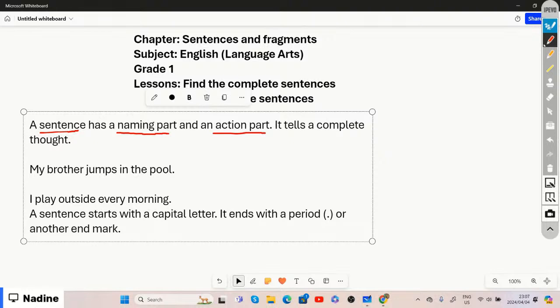Once a sentence has both a naming part and an action part, it tells a complete thought.